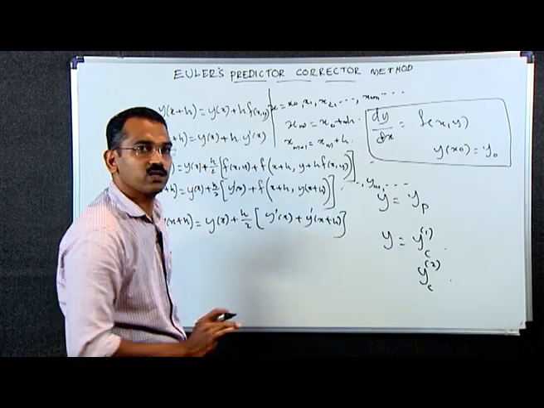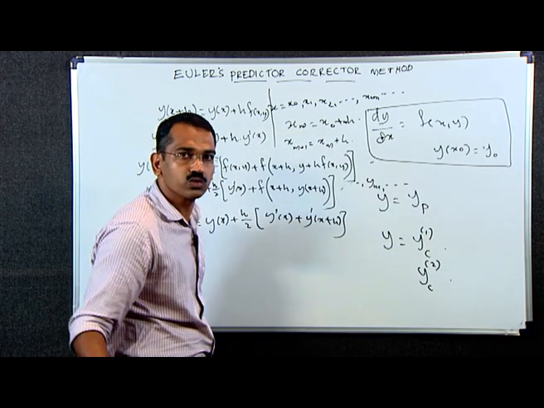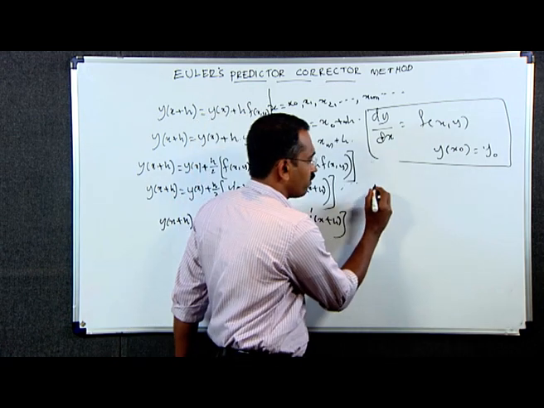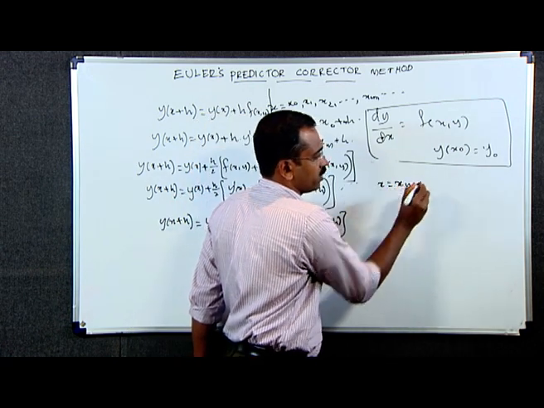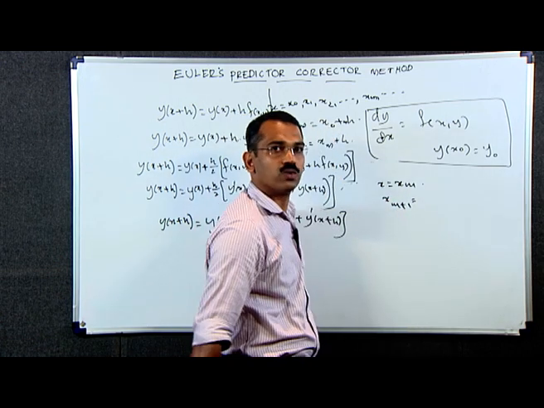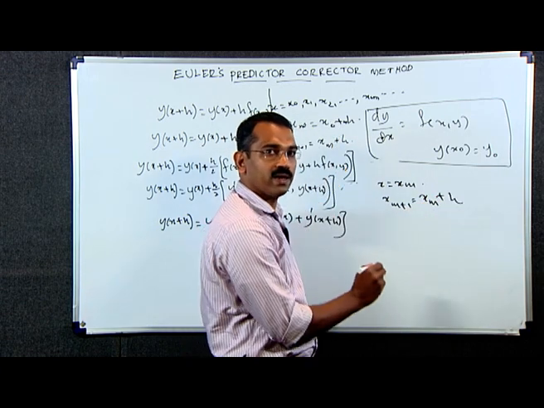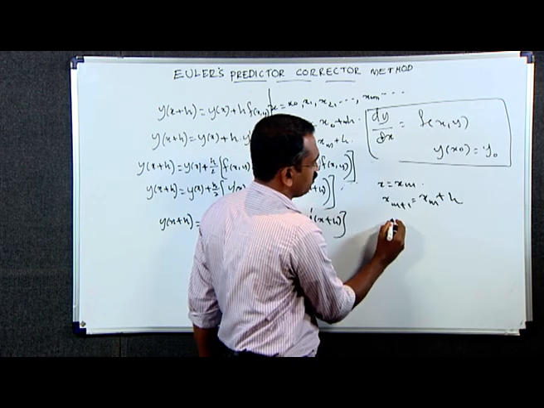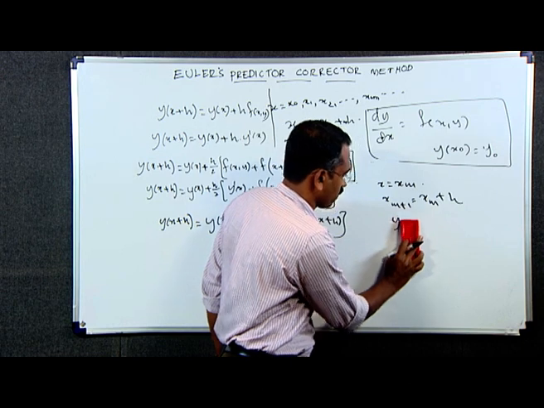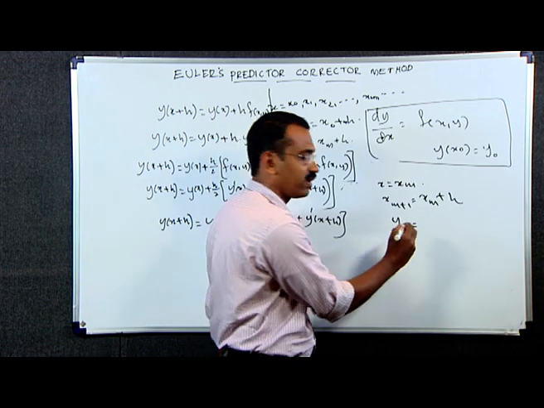Now, putting x = x_m, and note that x_{m+1} = x_m + h. Here y_m = y(x_m).